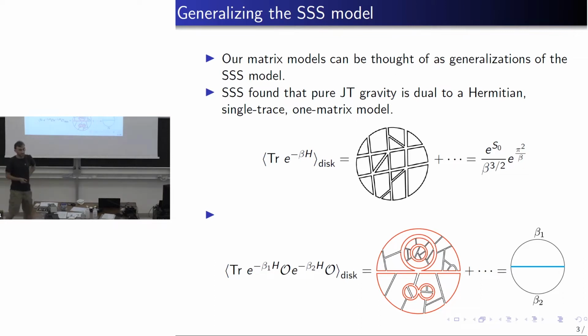Basically the claim is that we can write down, or at least argue for the existence of, two matrix models where when you sum over all the 't Hooft diagrams like this, it equals what it's supposed to equal in JT gravity plus matter. On the right-hand side, I drew a picture of what this is supposed to equal in JT gravity plus matter. Let me explain it.